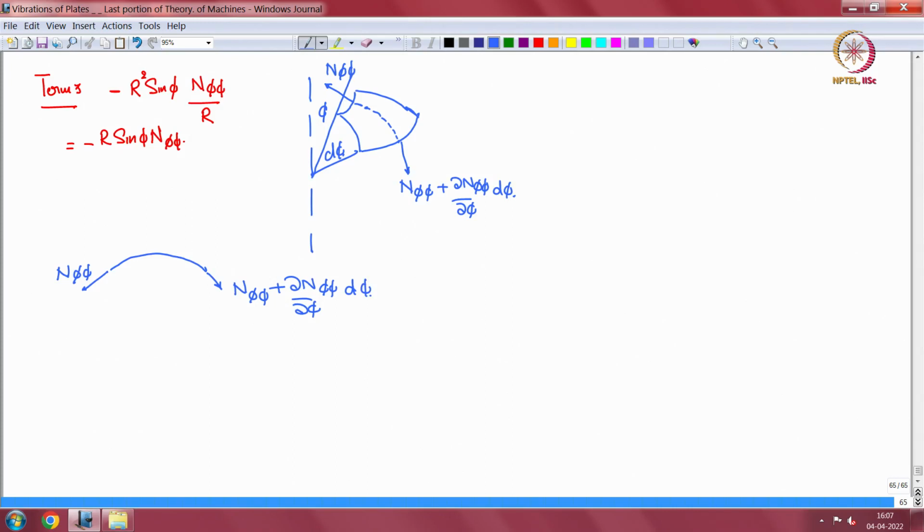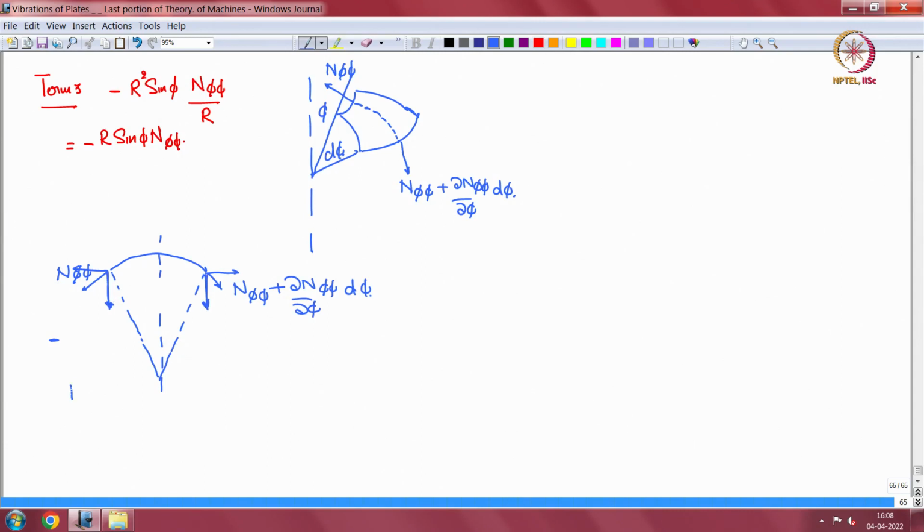Okay. So now we will have to make it a full force. Minus, okay, so this total angle is d phi. If I break it up, I get these two forces. I am looking at addition in the third direction, so both the forces will add up, but in the negative direction.